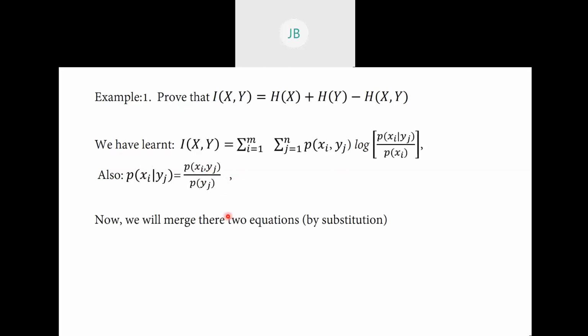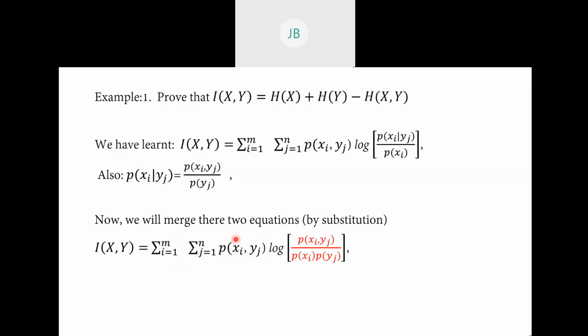Basically, now we will be merging this equation as well as this equation, substituting this term by the equivalent term here. So how does it look? Again, the mutual information between x and y is equal to these summations. One represents the input symbol, the other represents the output symbol, because we need to compute the probabilities for all these inputs as well as outputs to find the joint probability or the conditional probability.